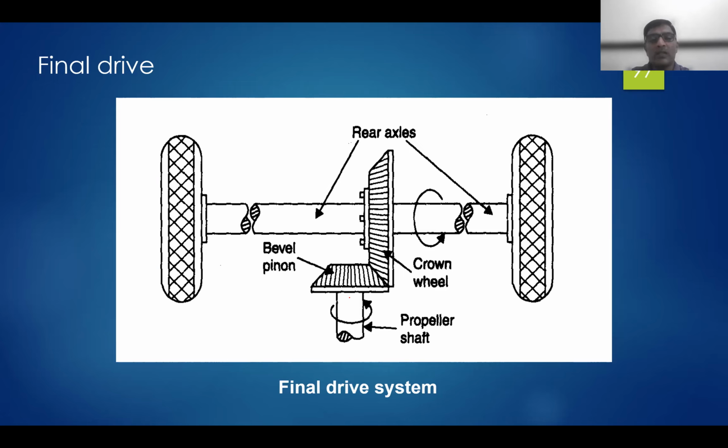You can also see an assembly that is chain type in the bicycle. Such types of final drive are required in the automobile. The main type used is shown on the slide.